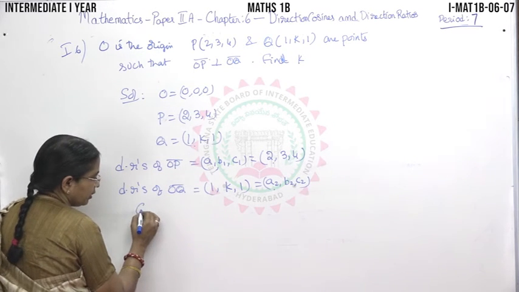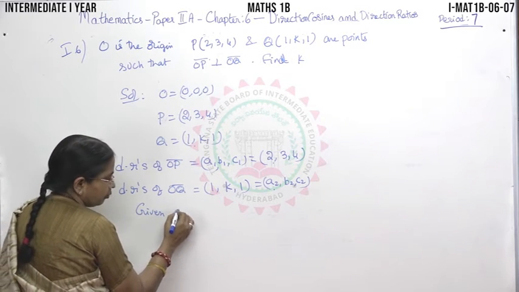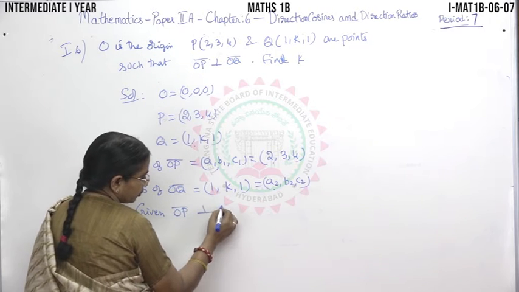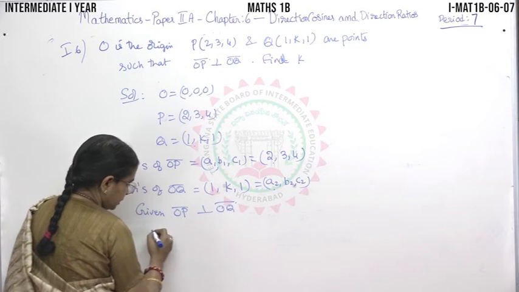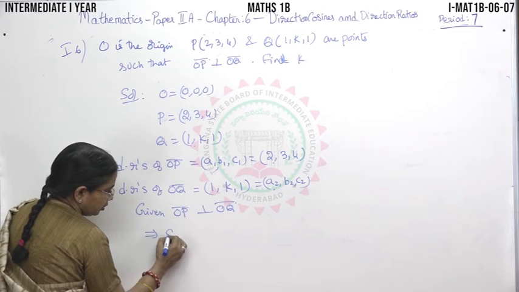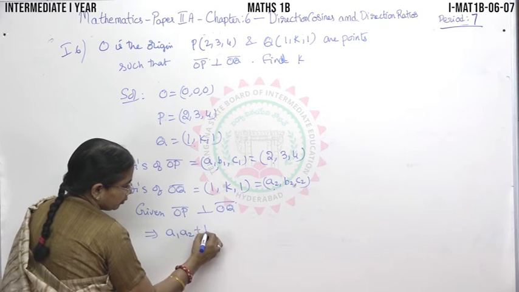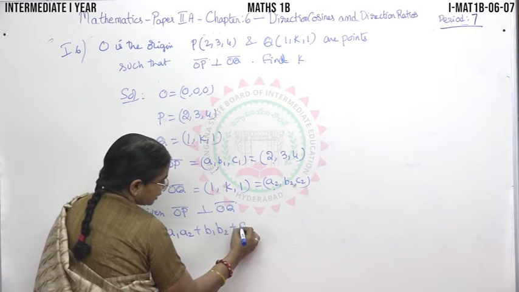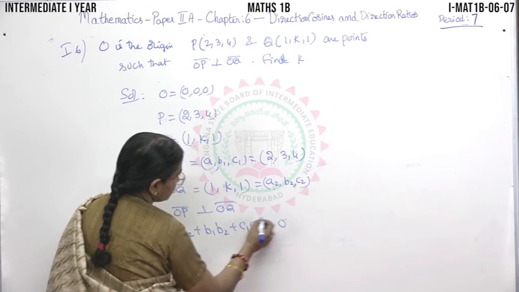Now what is given? You are given that OP is perpendicular to OQ. So that means the sum of the products of the direction ratios should be equal to 0. So it implies A1A2 plus B1B2 plus C1C2 is equal to 0.